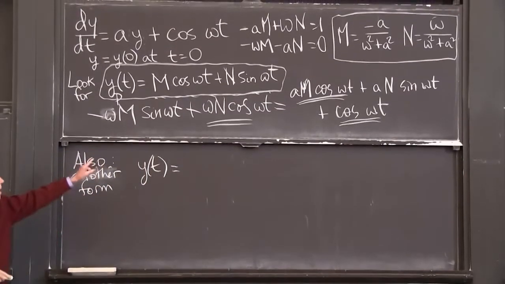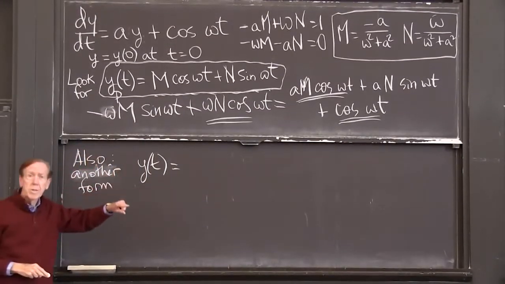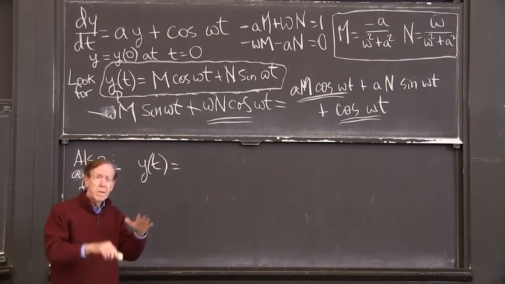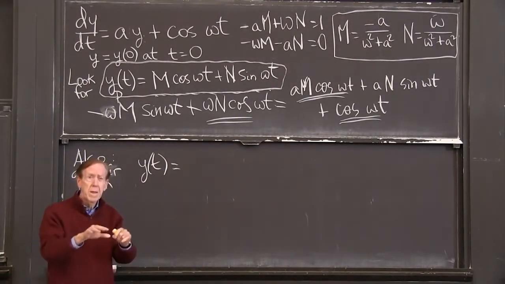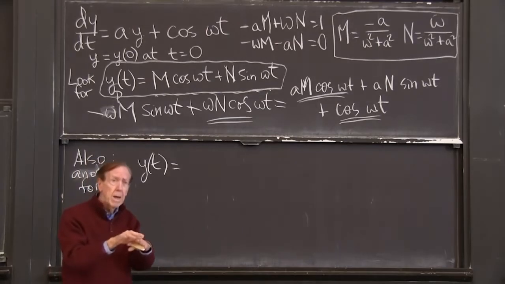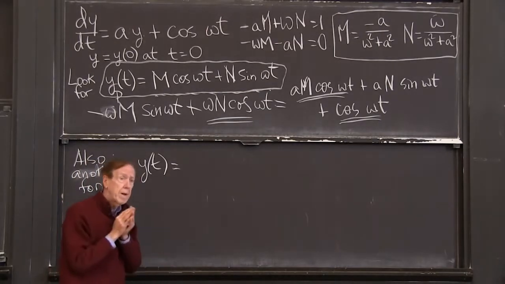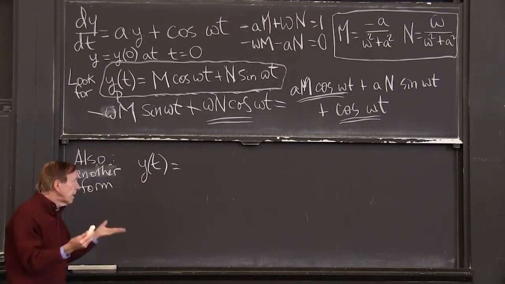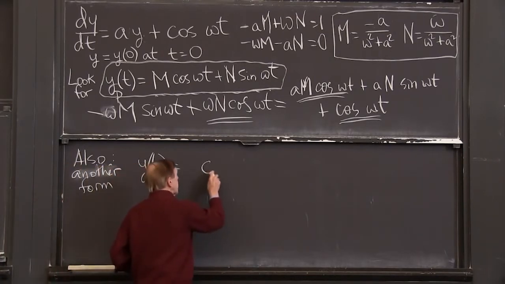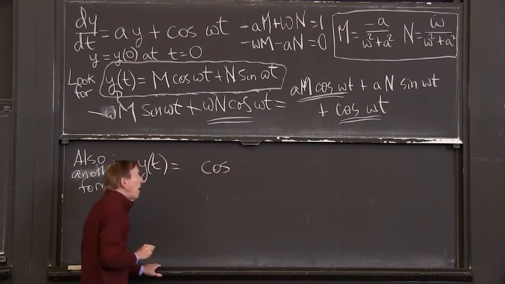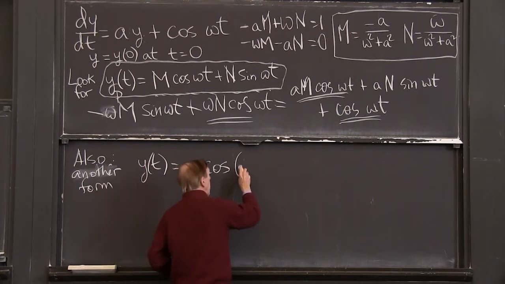You see, what I don't like is having a cosine and a sine, because those are out of phase and they're combining into something, and I want to find out what they're combining into. And it's really nice. They're combining into a single cosine, but not just omega t.